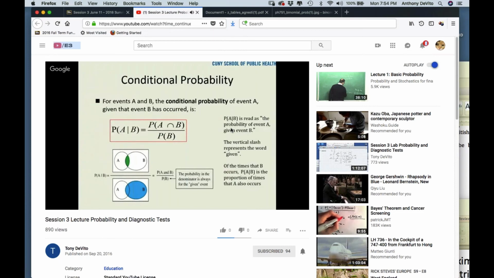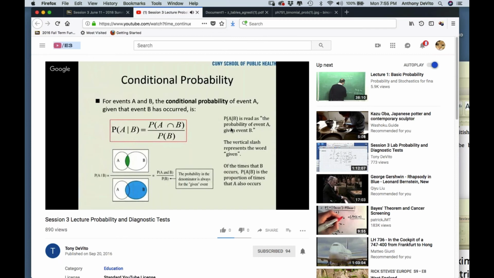Let's put this in a concrete example. If you're flipping a coin, your probability of having 2 heads in a row is 1 out of 4, but your probability of getting 2 heads conditional on the first flip already having been heads, you have to divide by the probability of that first event, and you get a half instead of a quarter.